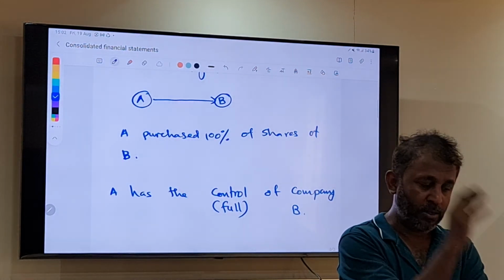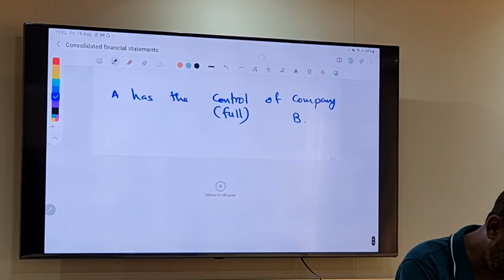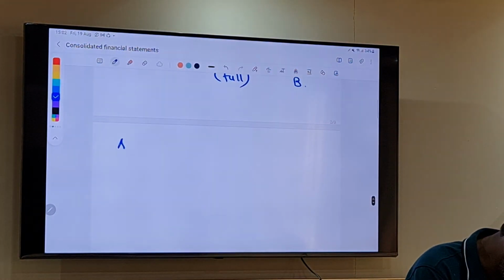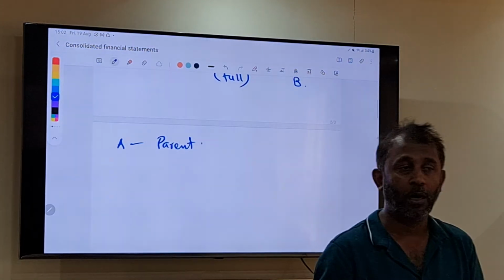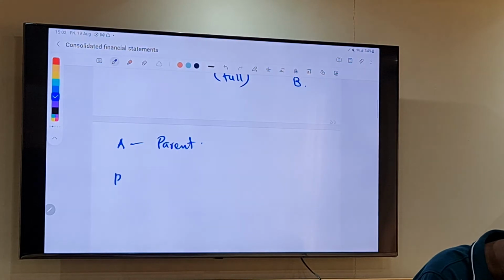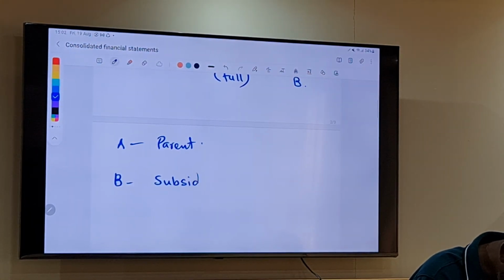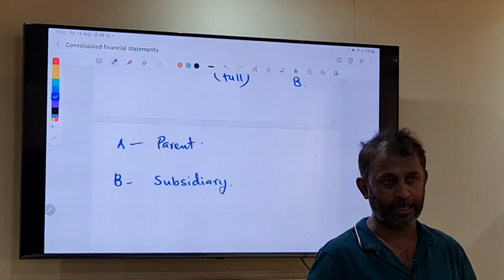A has the full control of company B. In this case, we name A as a parent, and B we name as subsidiary.